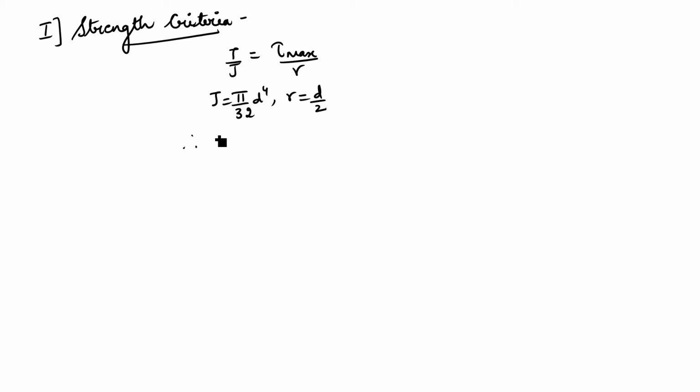When I substitute here, the value of T is known as 39.788 into 10 raised to 6. J is pi by 32 d raised to 4 is equal to tau max is 55 and R is again d by 2. When I solve this, I get the value of diameter as 154.45 mm.